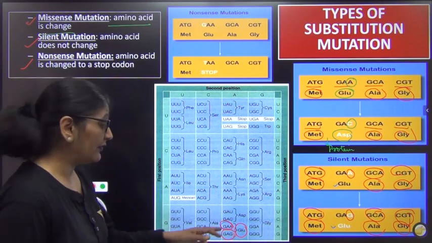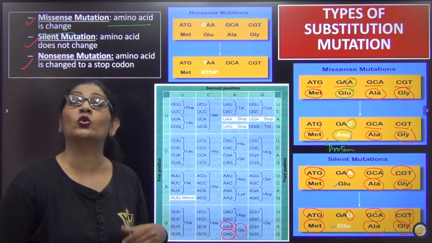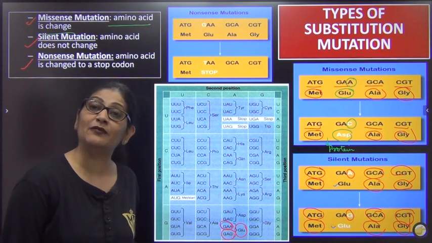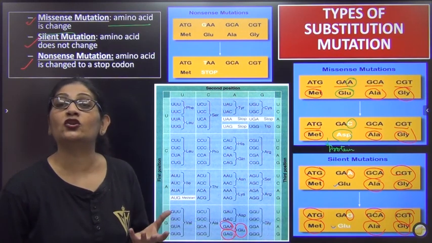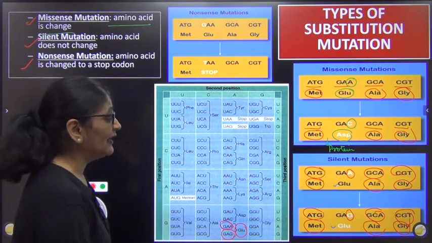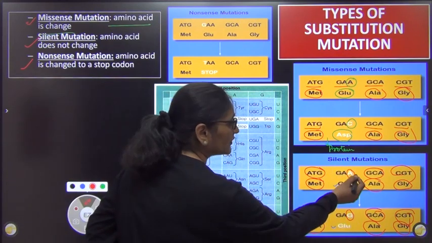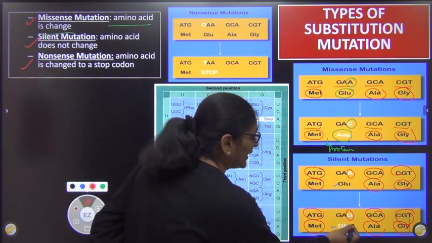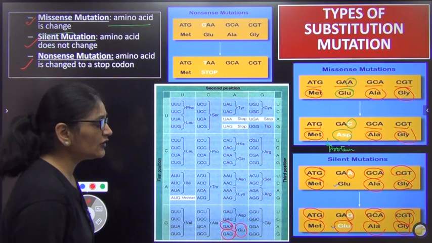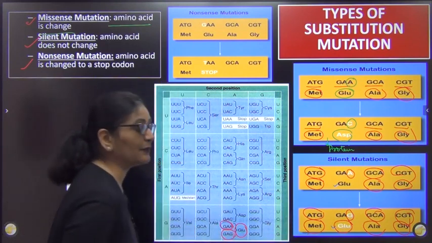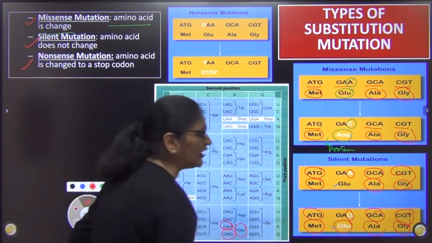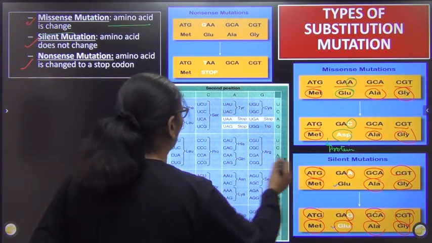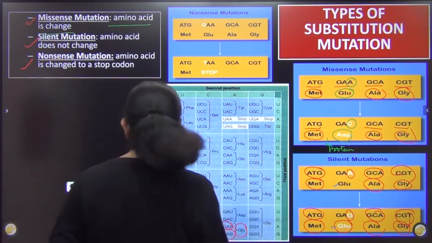We know that there are many amino acids which are coded by more than one codon. एक से एक बहुत सारे ऐसे अमीनो एसिड हैं जो एक से ज्यादा कोडॉन से कोडेड होते हैं, राइट? So if the change is such, there has been a mutation, but the mutation did not bring about a change in the corresponding amino acid such that the protein remains the same, hence the phenotype remains the same, then this type of mutation is called as silent mutation.